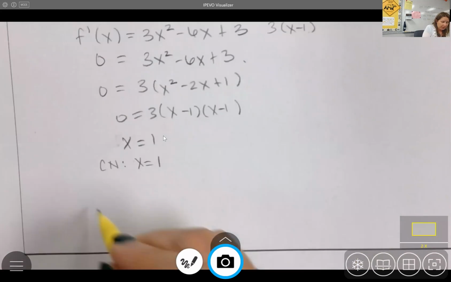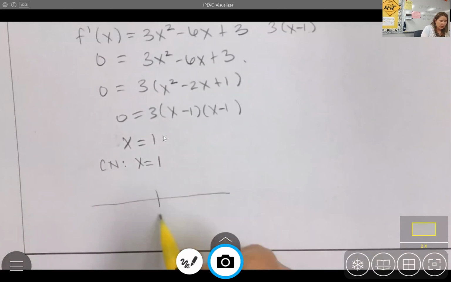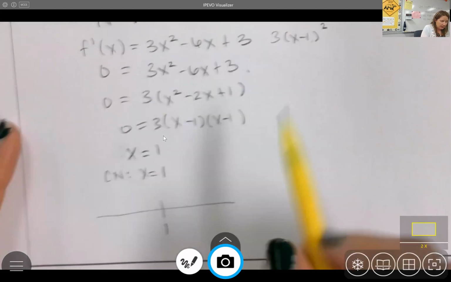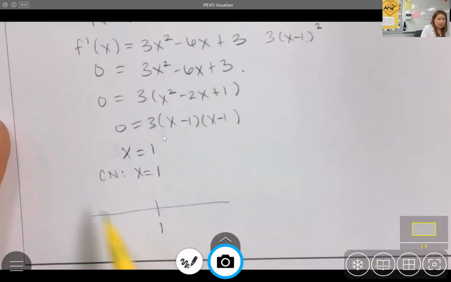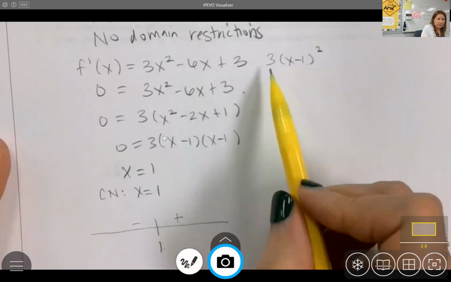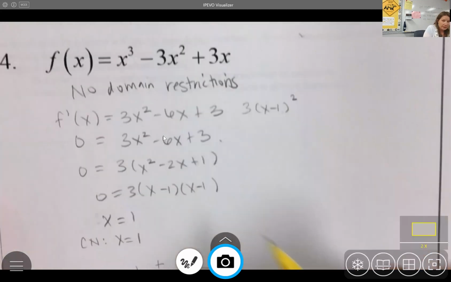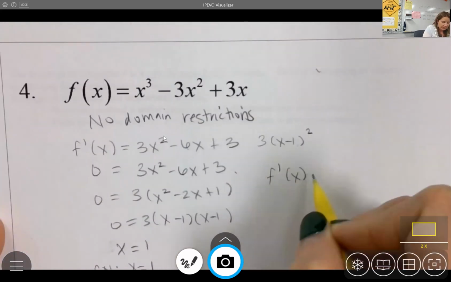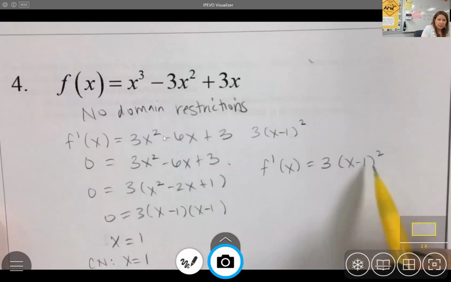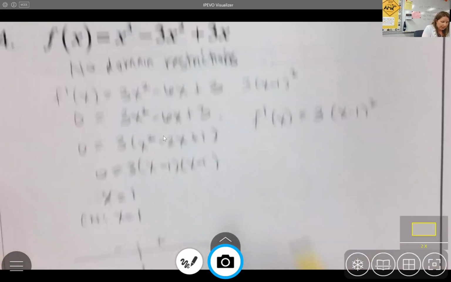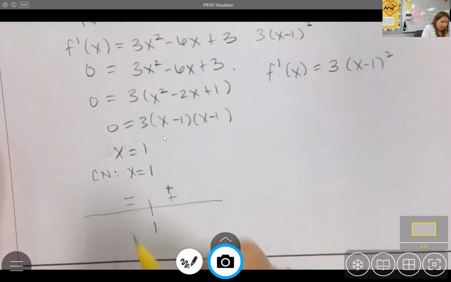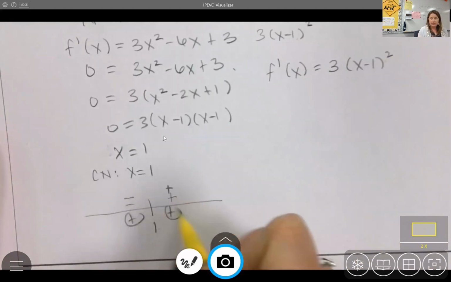So when I do my f prime number line, I have a thing at 1, okay, and then I say negative, positive, but remember I have to do it again because the derivative was repeated. So if I wrote this derivative, f prime of x equals 3 times x minus 1 squared, then that 1 has a multiplicity of 2, which means I have to do it twice for the 1. So this is both positive, so it's just like this, right?